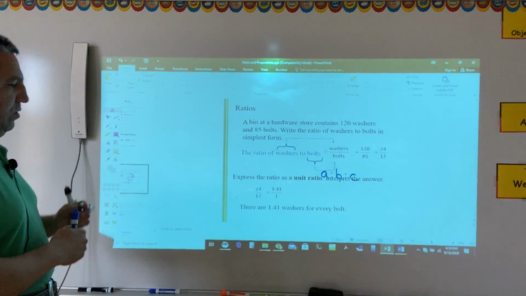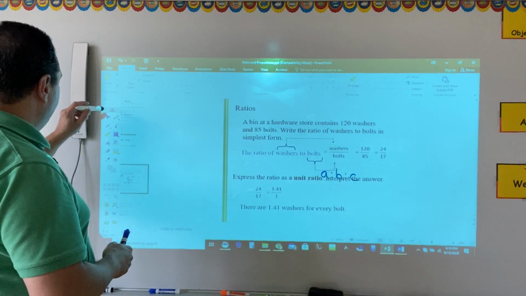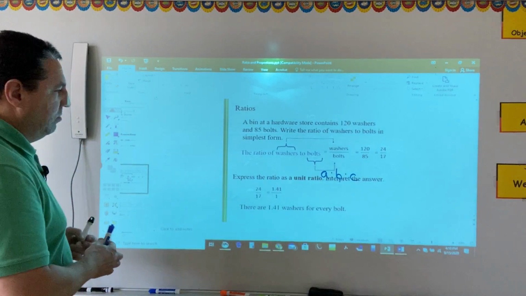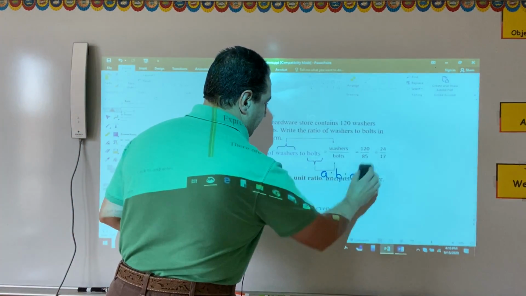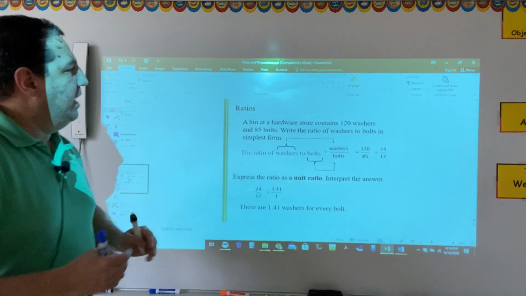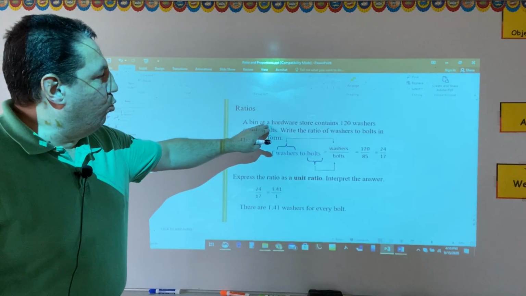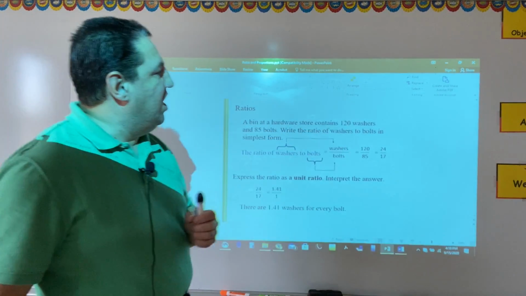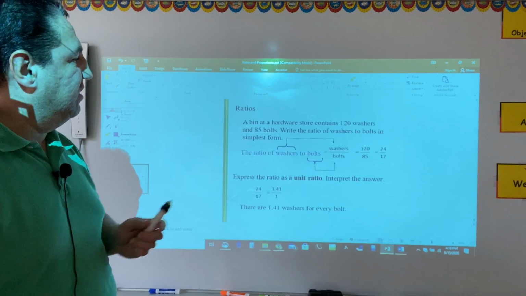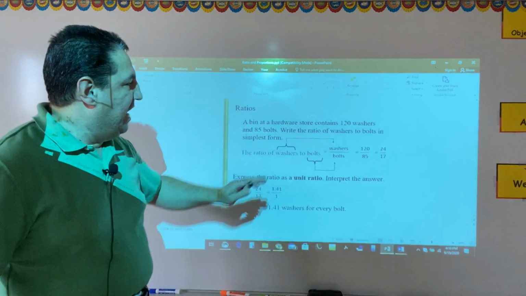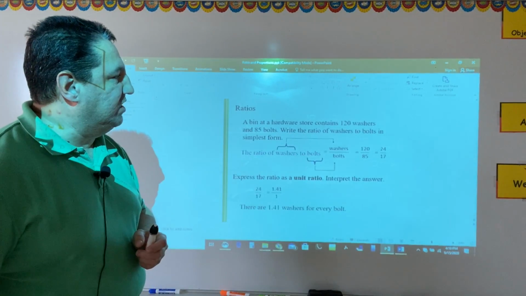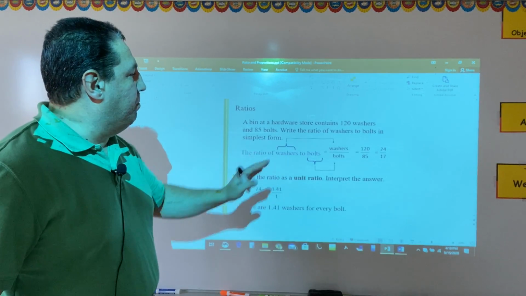Let's have a few examples with ratios. For example, a bin at a hardware store contains 120 washers and 85 bolts. Write the ratio of washers to bolts in simplest form.